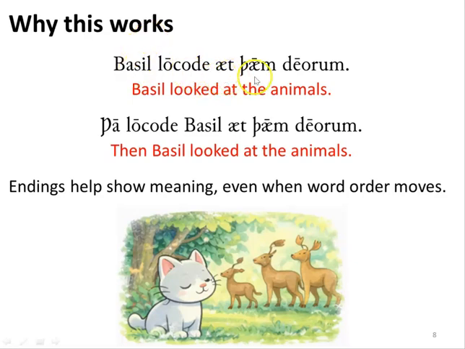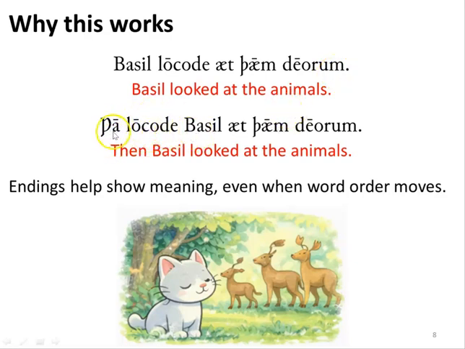Basil lōkede at them dēorum. Basil looked at the animals. Thar lōkede Basil at them dēorum. Then Basil looked at the animals. Endings help show meaning even when word order moves. You see, subject, verb, and then you have the location. Subject, nominative, verb, and then you have the dative here. Remember, at takes the dative. Then looked Basil.